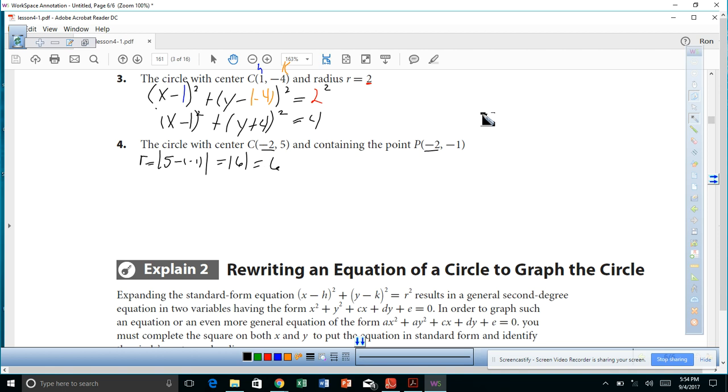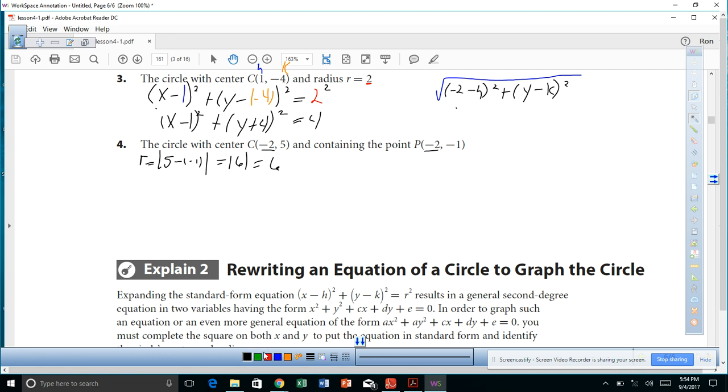All right, let's try that in the Pythagorean Theorem. So we got the square root, and remember it's (x minus h) squared plus (y minus k) squared.